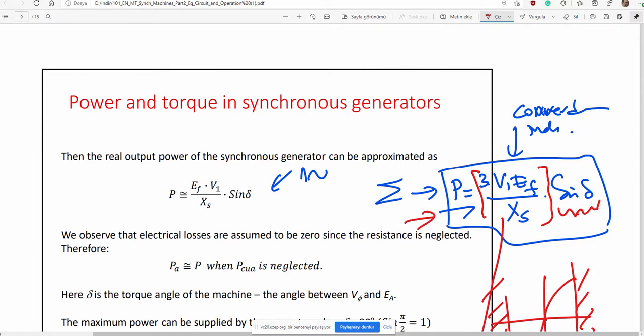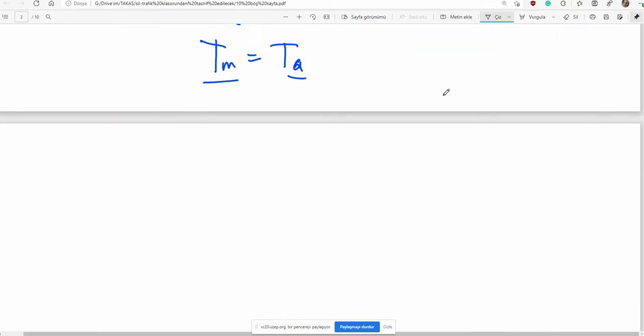Okay, let me write it down here. Converted power is approximately equal to electrical output if armature resistance is neglected. If it is neglected, those two are equal, and then 3 times, let me write it better.